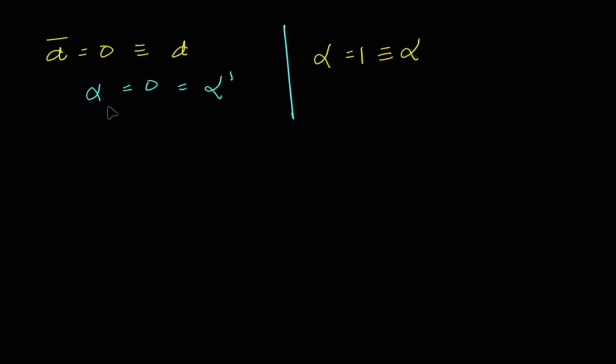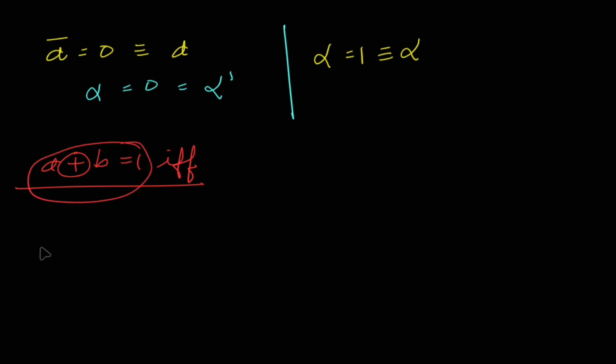For example, A exclusive OR B equals 1 if and only if either this will happen or this will happen.